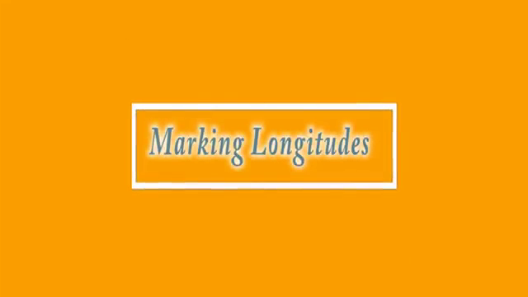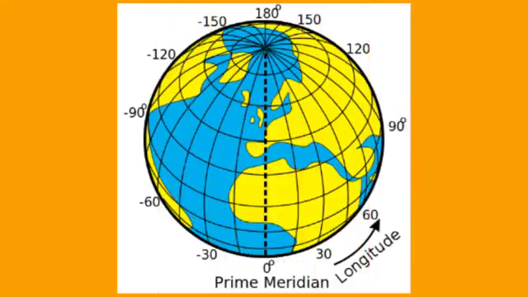Marking longitudes. The longitude running through the Old Royal Observatory at Greenwich near London is marked 0 degrees. It is called the Greenwich Meridian or the Prime Meridian. There are 360 degrees of longitude, 180 degrees of longitude east of the Prime Meridian and 180 degrees of longitude west of the Prime Meridian.